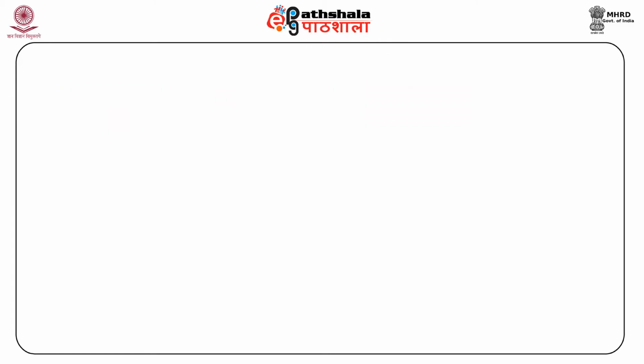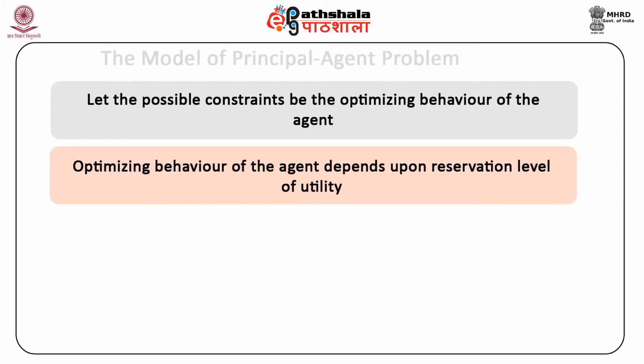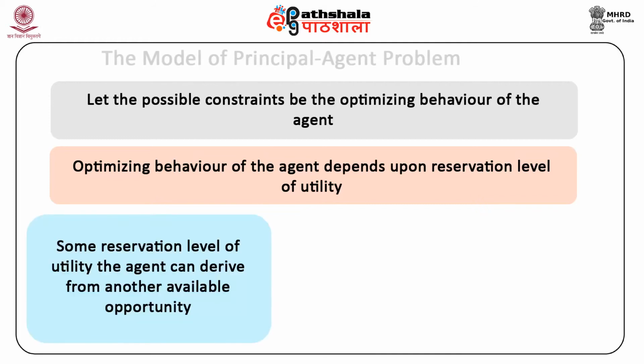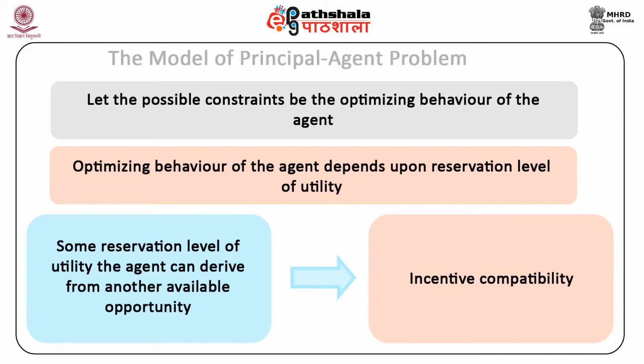Now the principal will try to maximize his utility by choosing a function s(·), which will be subject to certain constraints. Let the possible constraint be the optimizing behavior of the agent. The optimizing behavior of the agent depends upon the reservation level of utility that the agent can derive from another opportunity, and incentive compatibility, from which the utility the agent derives should be over and above the reservation level of utility.